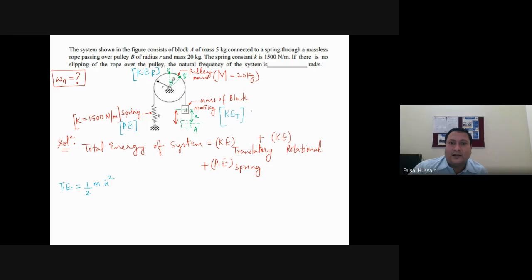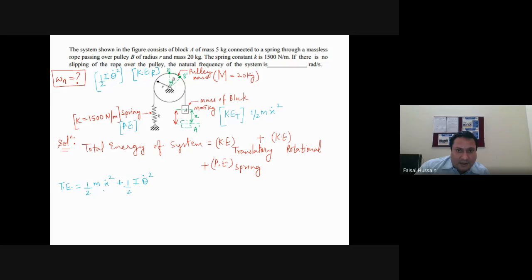Here it is half m, displacement is x, so velocity will be x dot, plus kinetic energy rotational, so it will be half, and since it is rotational, mass will be replaced by mass moment of inertia and linear velocity will be replaced by angular velocity. So it is half I theta dot square.